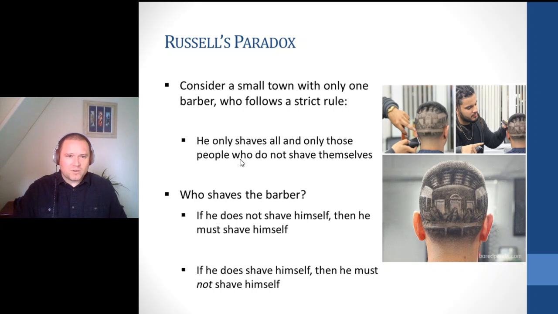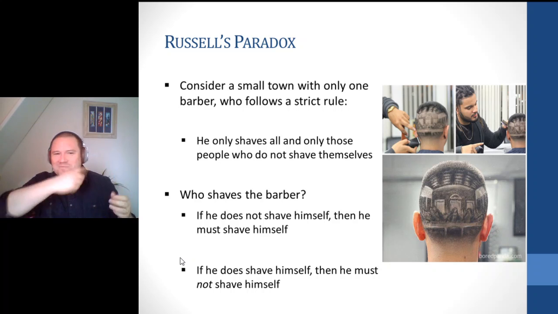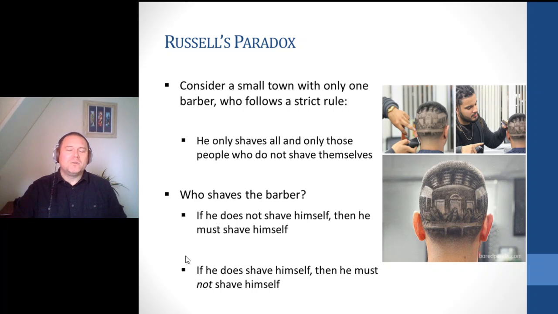But he is the barber. So if he doesn't shave himself, then he must shave himself. Well, that's not good. So let's try the other option. Maybe he shaves himself, and then it's sorted. He wakes up every morning, lathers up, and shaves it off. Well, if he does shave himself, then he violates his rule.